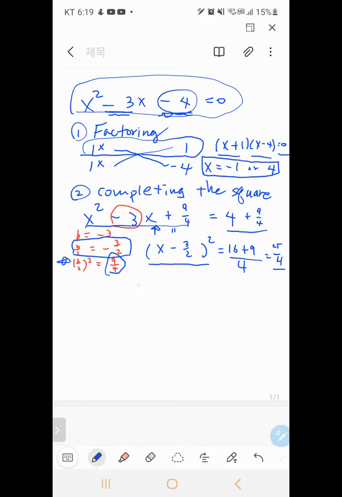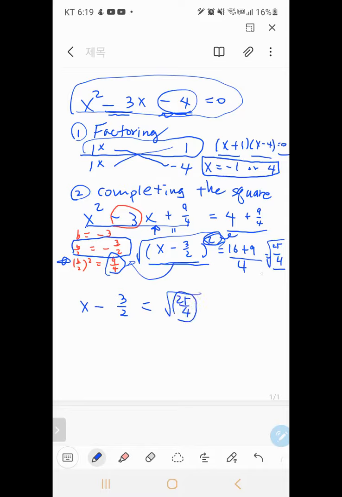The next step would be taking the square root on both sides. So then we can get rid of this 2 right here. Because it's a perfect square, this guy can pay the ticket and get out of jail. Right? So we get x minus 3 over 2 is equal to the square root of 25 over 4.